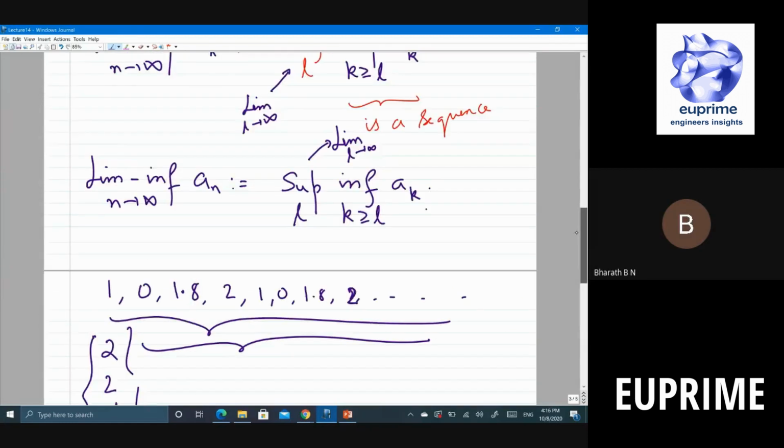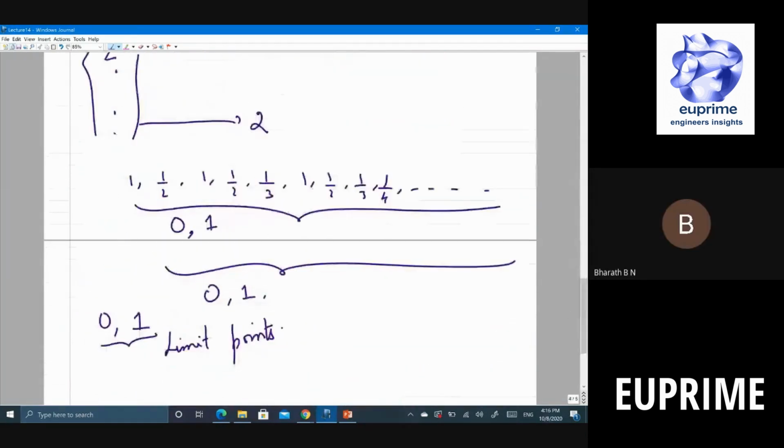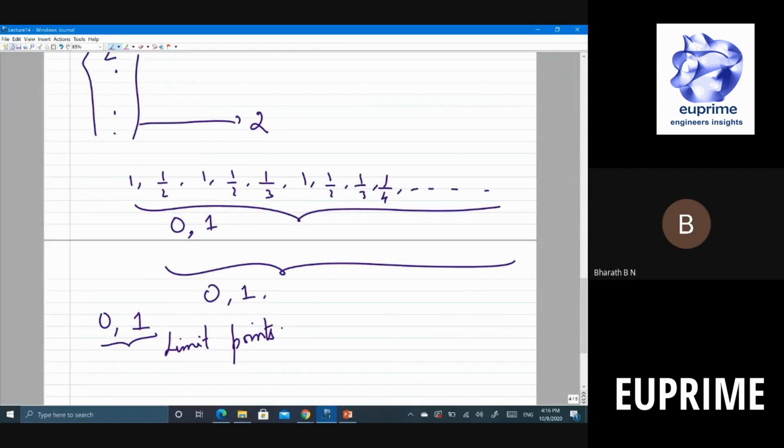Here also, once again, lim inf is 0. If you look at the entire sequence, what is the infimum? 0, right? Yes, sir, it tends to 0. Infimum is 0, but not by definition. You can prove that it's 0. If you take any other number, for example epsilon, to be your infimum, then I can argue that epsilon is not the infimum. Why?